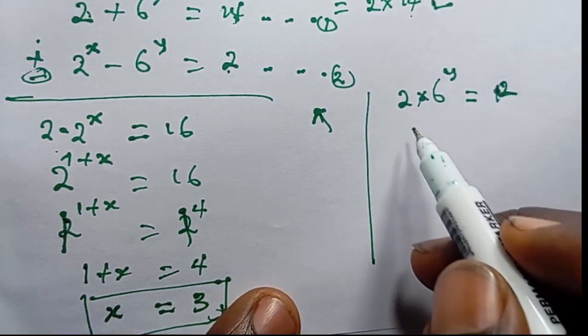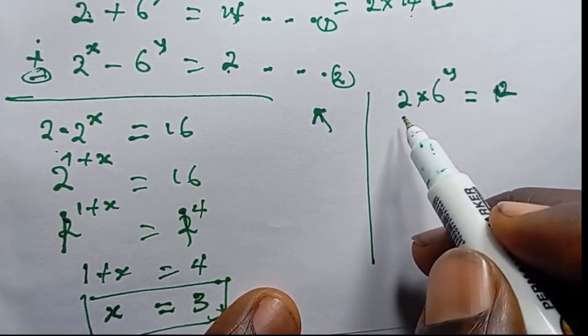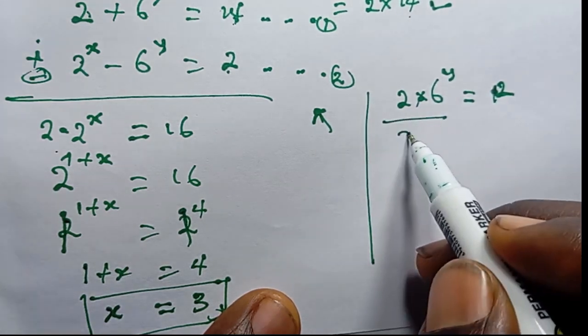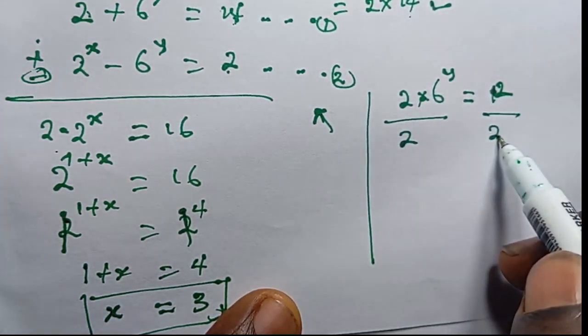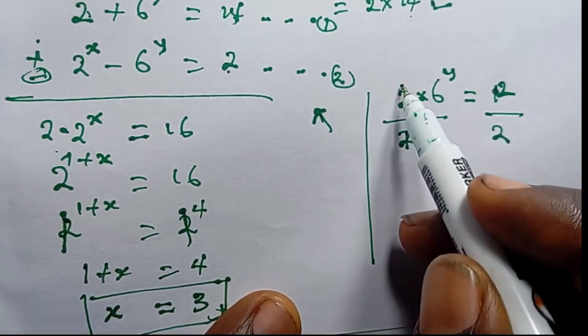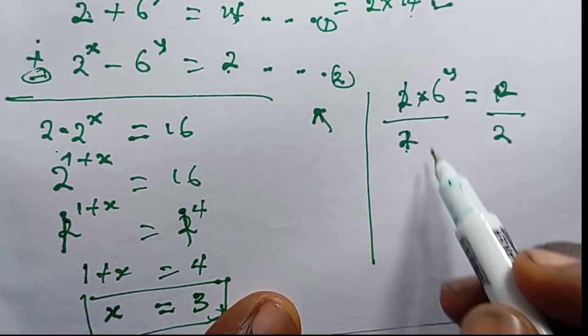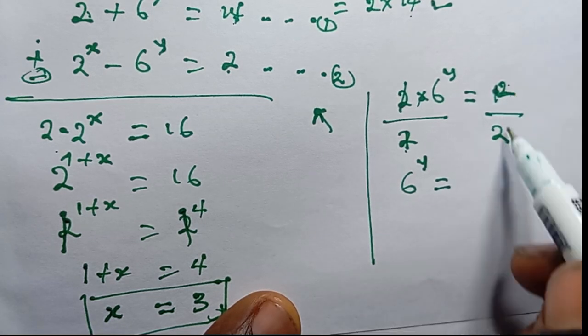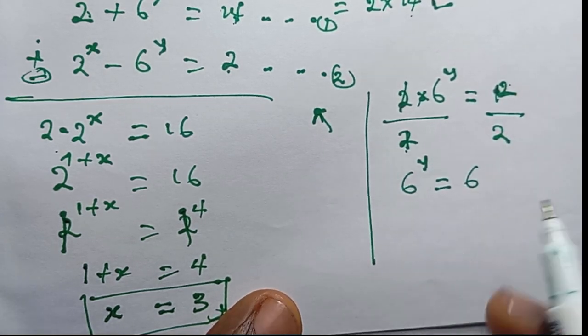Okay, so that what we have is 2 times 6 power y is equal to 12. We can actually go ahead and divide through by 2, so that these 2 cancel, and then 6 power y now becomes 12 divided by 2, which is equal to 6.